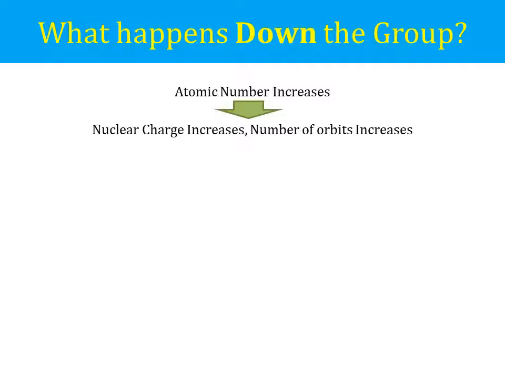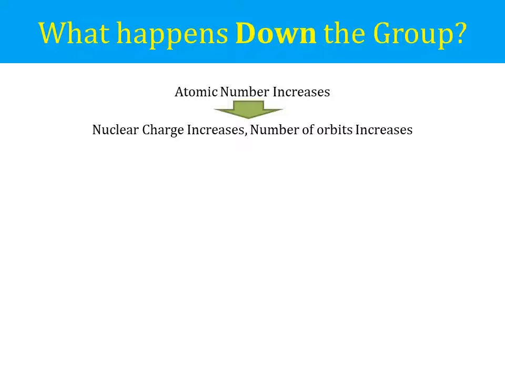So with just a mere increase in atomic number, nuclear charge and the number of orbits increase down the group. Just focus, we're discussing down the group, from the top to the bottom of the periodic table.